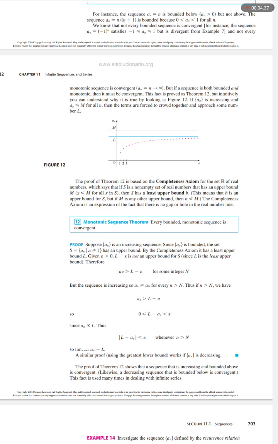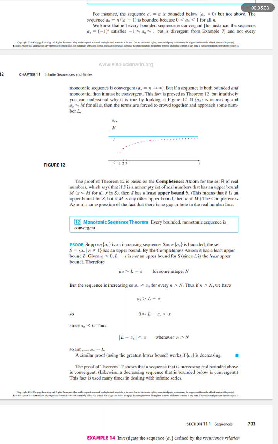For instance, the sequence a_n = n is bounded below (a_n is greater than 0), but not above. The sequence a_n = n/(n+1) is bounded because a_n is greater than 0 and less than 1 for all n.